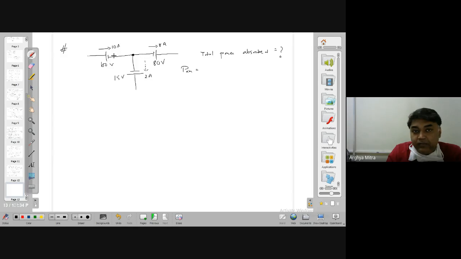And if it is flowing out from the negative terminal of the battery, then it is absorbing. Okay. So in that case, this 100 is absorbing, but this 8 ampere and 2 ampere, it is generating.